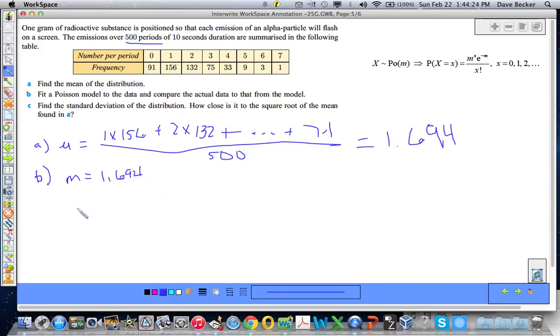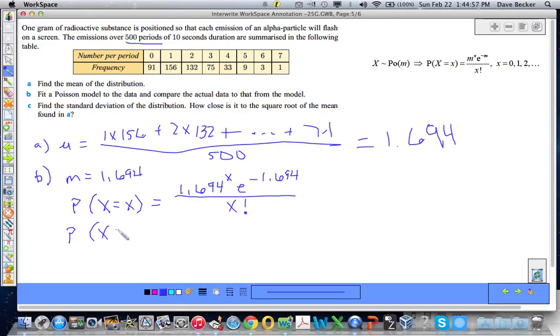And so the probability that X is equal to little x using Poisson would be 1.694 to the x, e to the negative 1.694, all over x factorial.